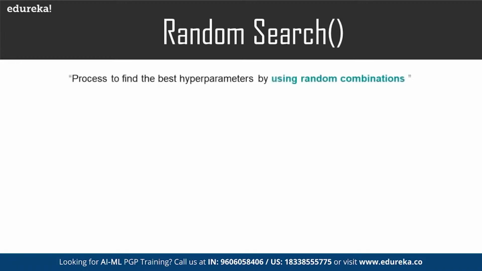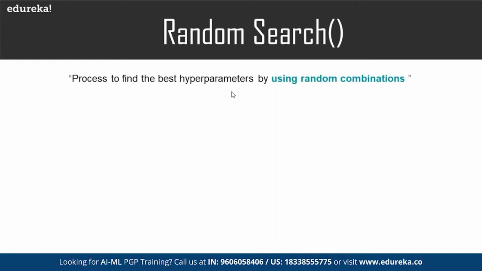So where do we do this? Everything is happening on the data distribution, the data set. The data set is given as a sample, and we work with such data sets and deal with them strategically. And here we see random search, a process to find the best parameters. It is again a widely chosen technique in the industry.